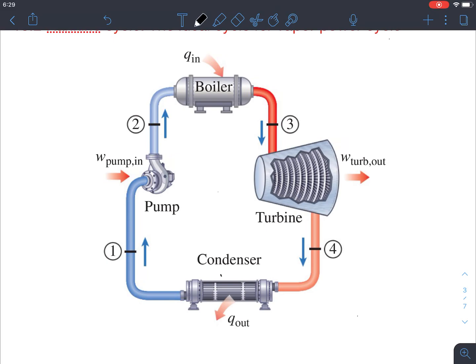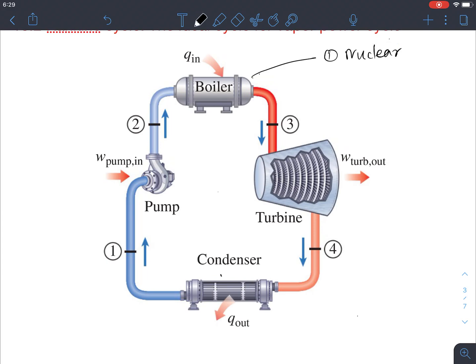And then in the boiler, that high pressure liquid is coming to the boiler and getting vaporized, right? So this boiler operates in a number of ways. It could be operated by a nuclear reactor, right? Then we can call it a nuclear power plant.